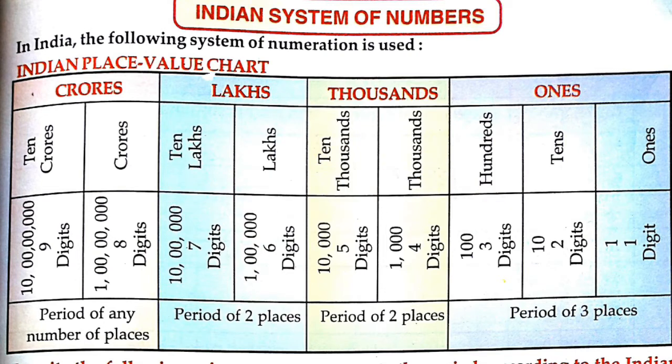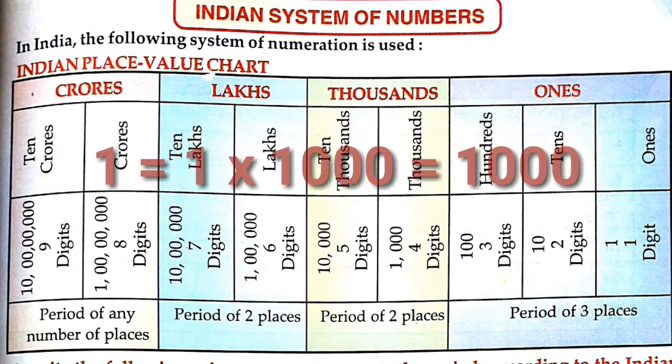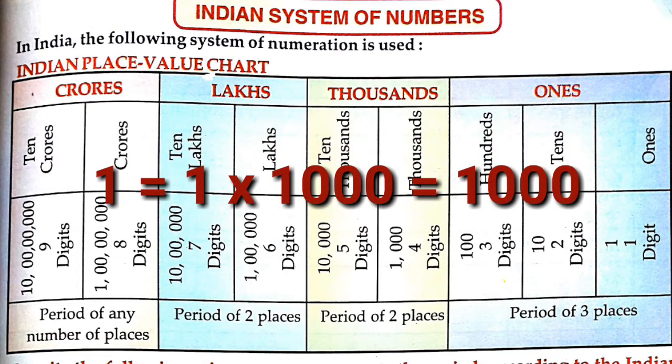Understood? Okay. Then the second period is the thousands period. There are 2 columns: one is the thousands column and the second is the 10,000s column. In the thousands column, the place value is the number multiplied by 1000. If a number is 1, the place value is 1000.